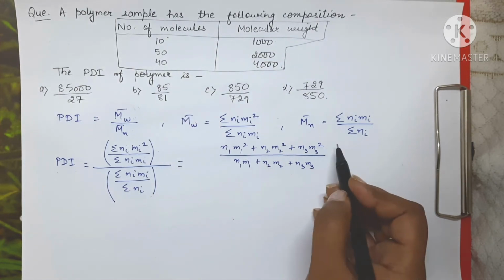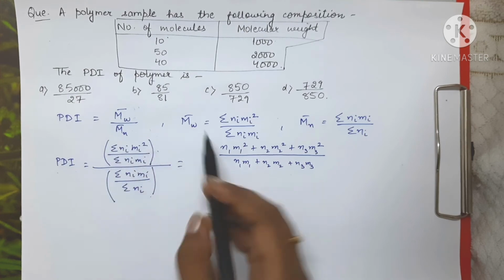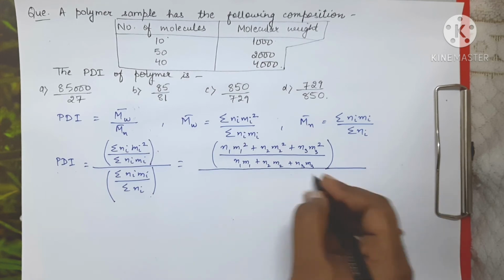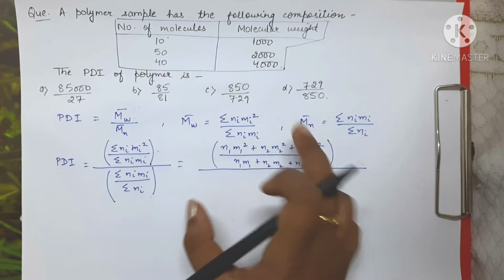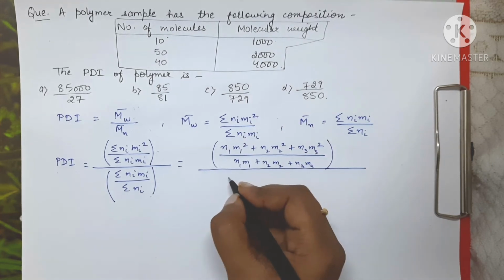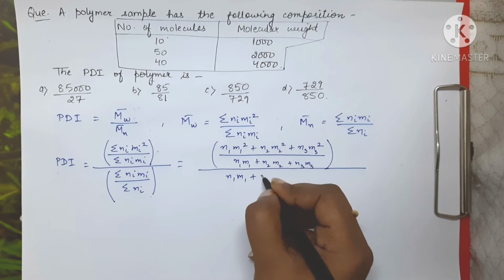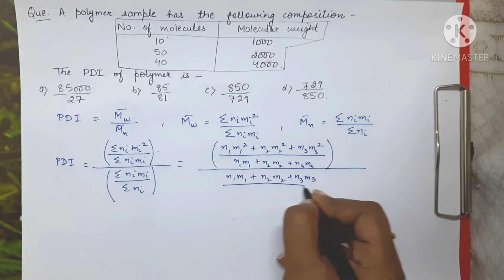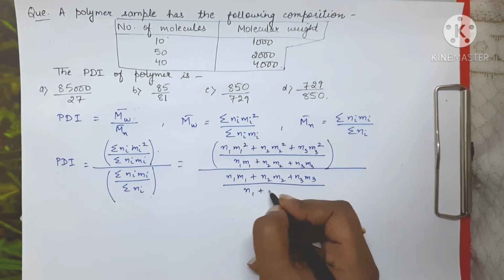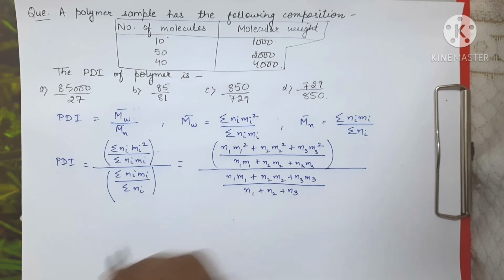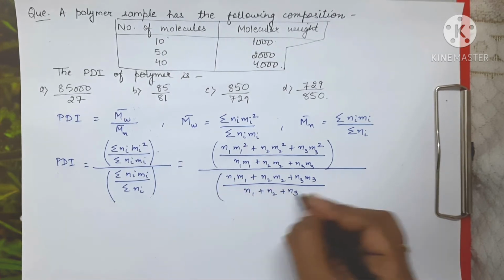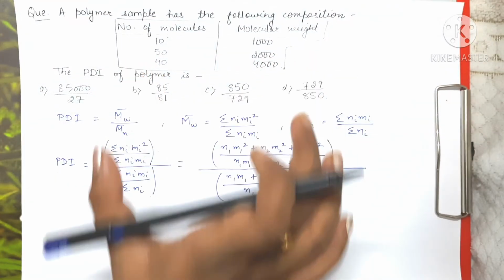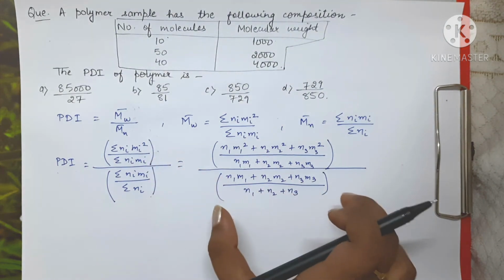So that's why instead of this value of Mw we have reduced it to this, right? Now in the denominator we will be having the value of Mn but in reduced form according to this question. So it will be N1 M1 plus N2 M2 plus N3 M3 divided by N1 plus N2 plus N3. So now we have substituted the values of Mw and Mn according to this question.